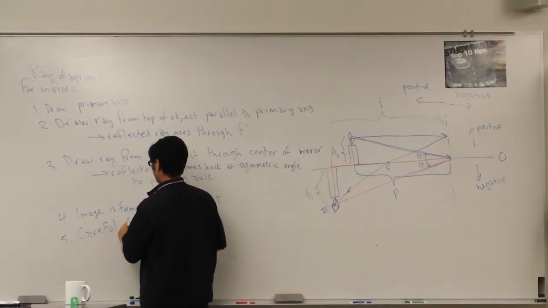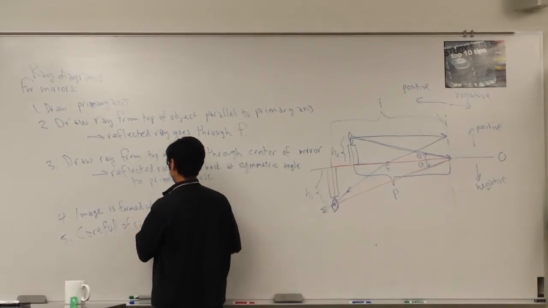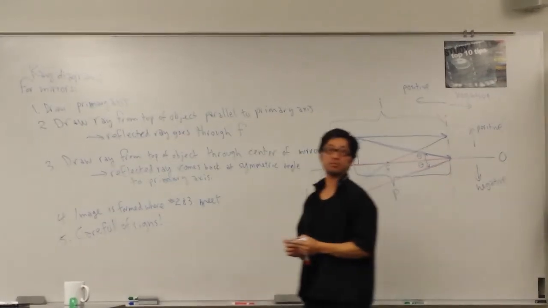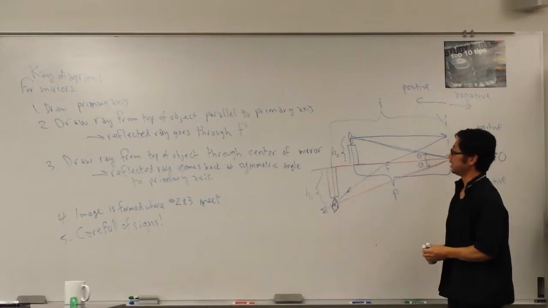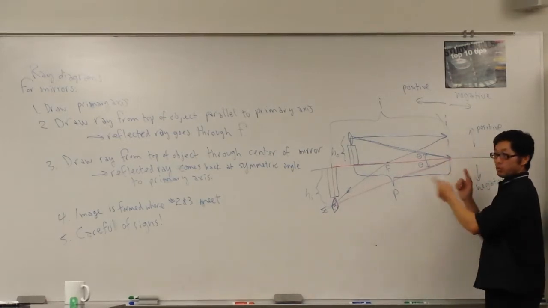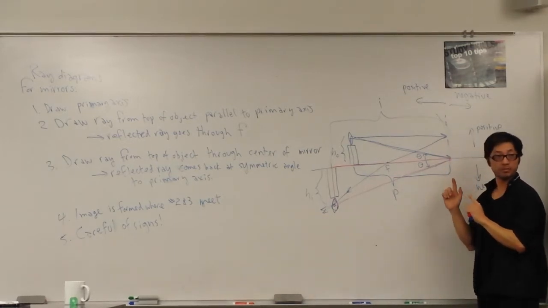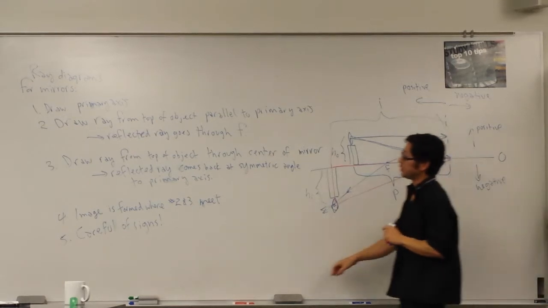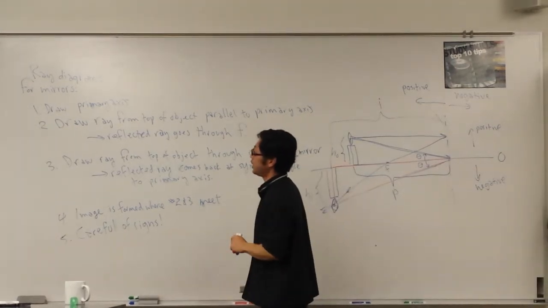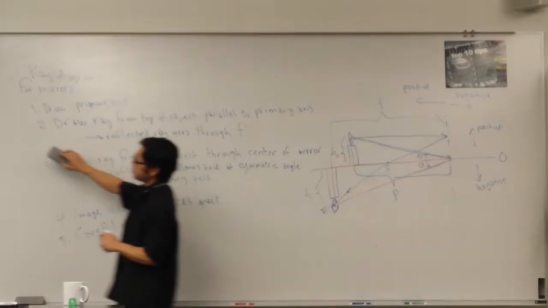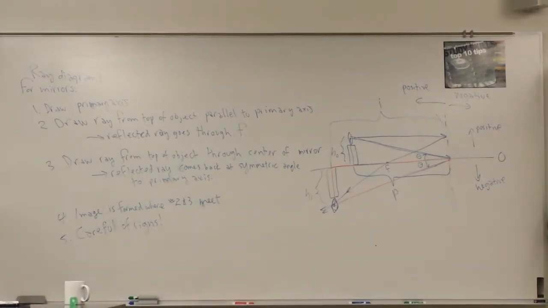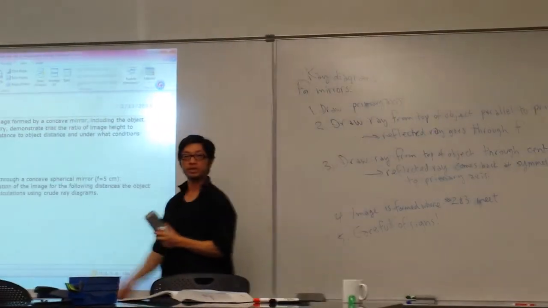You gotta be real careful about these signs because we will be doing some stuff where things are negative. Okay, so this is how we draw it for a concave mirror.